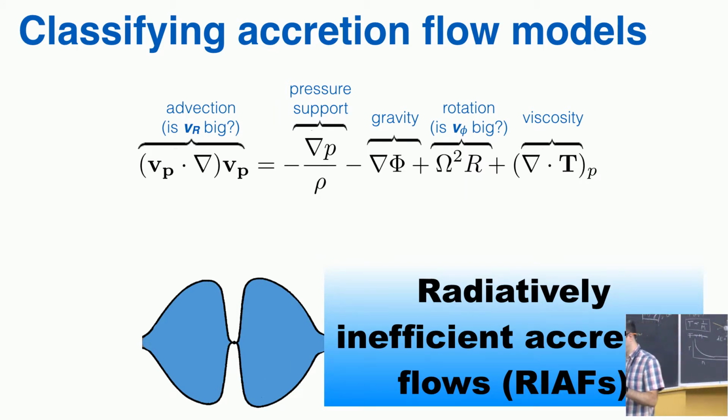I will talk about the astrophysical importance of each of these solutions in this lecture and the next lecture. And we call this kind of complex solution RIAFs, radiatively inefficient accretion flows.